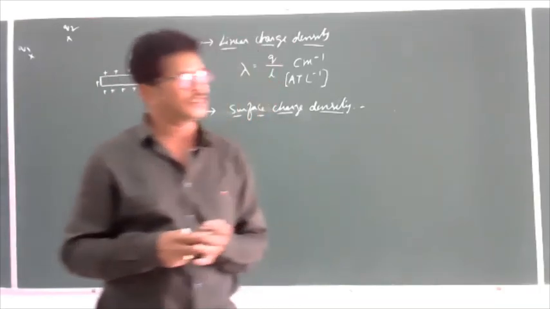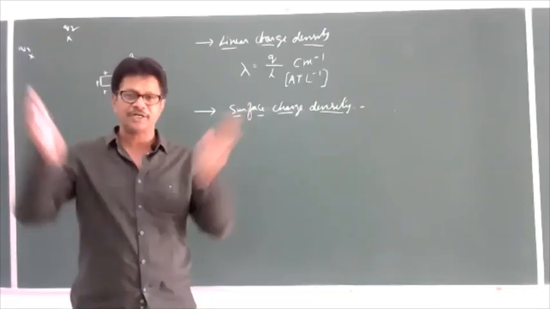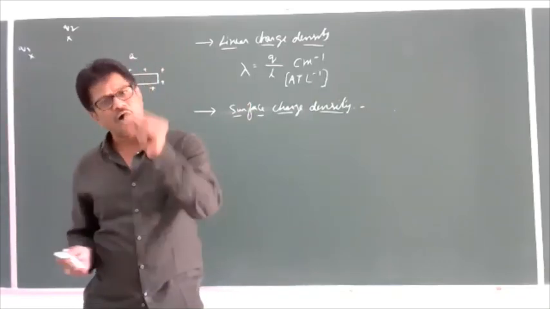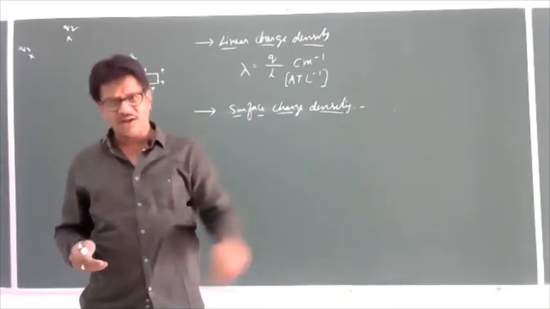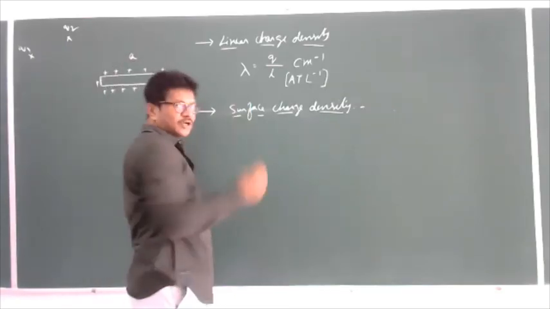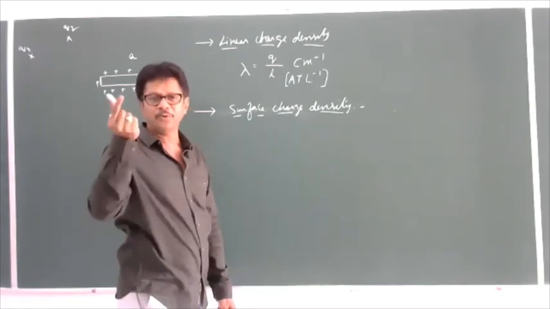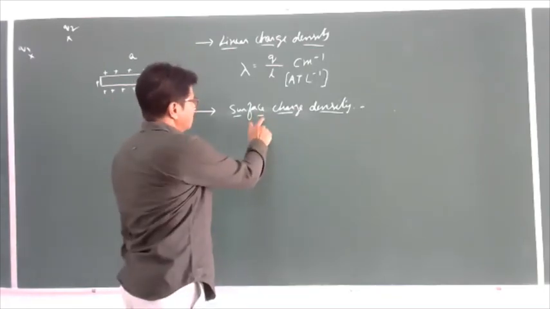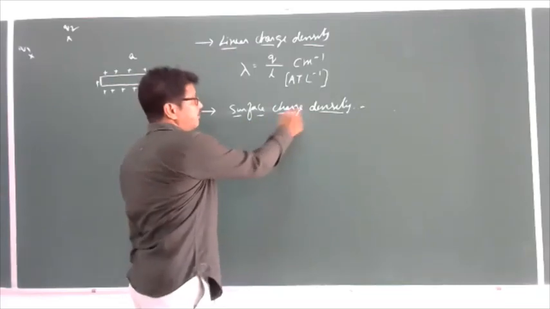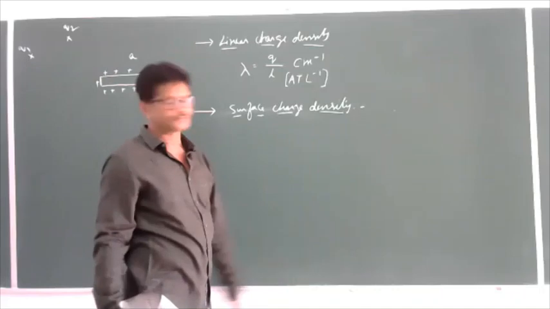A two-dimensional shaped body is nothing but, say, you take one plane sheet, or one cardboard. These are all two-dimensional structured bodies. In case of two-dimensional shaped bodies, we'll take the help of surface charge density. Later we'll apply all those.